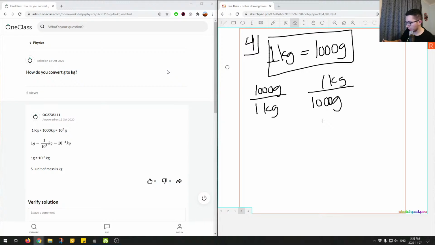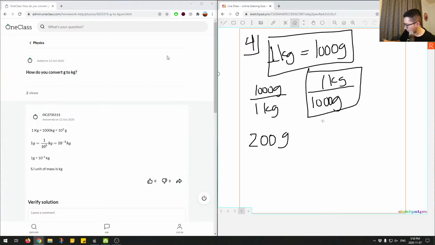So if we had, let's say, 200 grams, and we want to convert to kilograms, we'd use this, because this gives us the grams on the bottom, and this conversion factor will cancel out the grams.